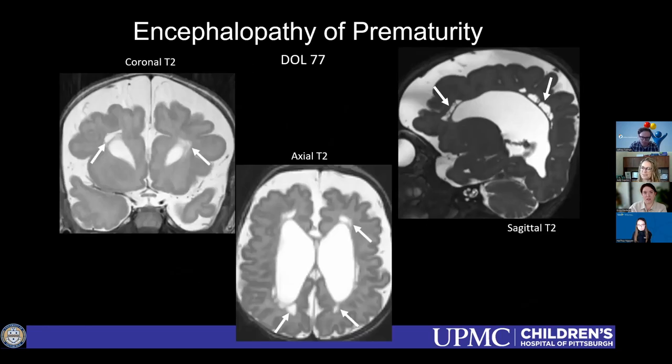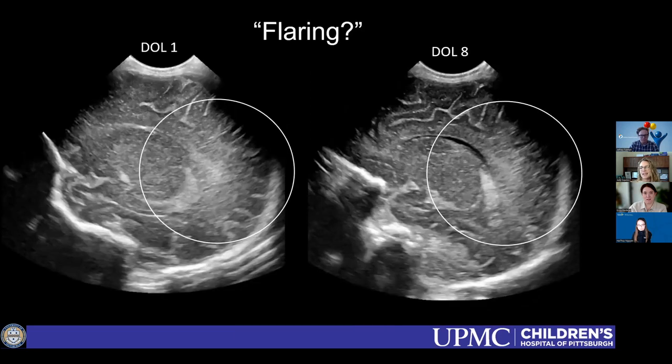I'm curious about your guys' thoughts and how you deal with what I've been told is called flaring. So we wait until 1 week of life to do the screening head ultrasound, for premature kids, to catch all of the germinal matrix hemorrhage that's probably going to form. But I find the white matter to be as echogenic as the choroid plexus almost all the time in these patients, particularly posteriorly.